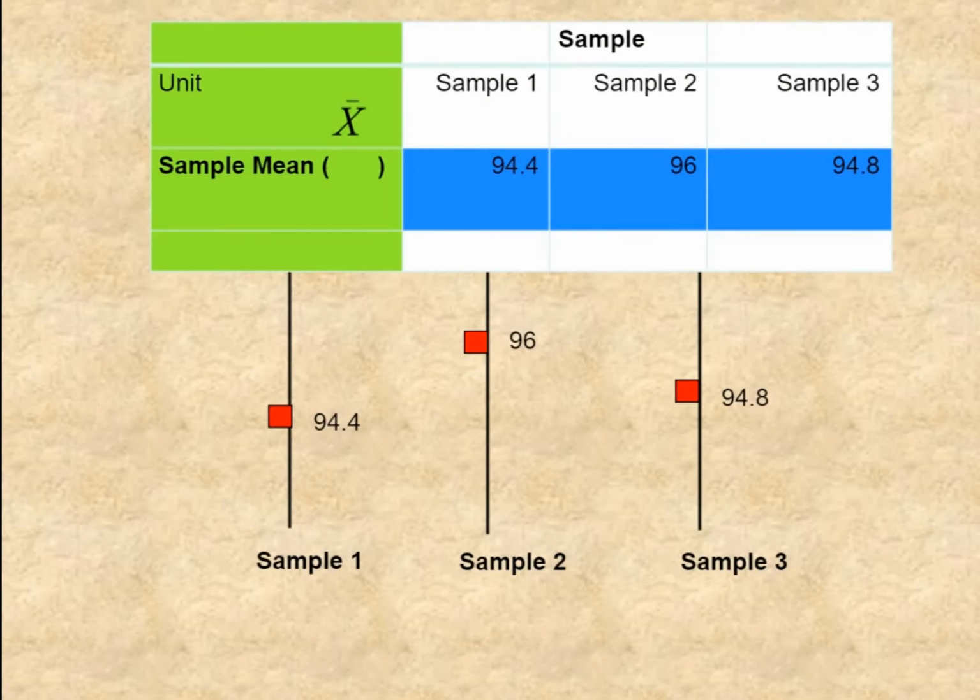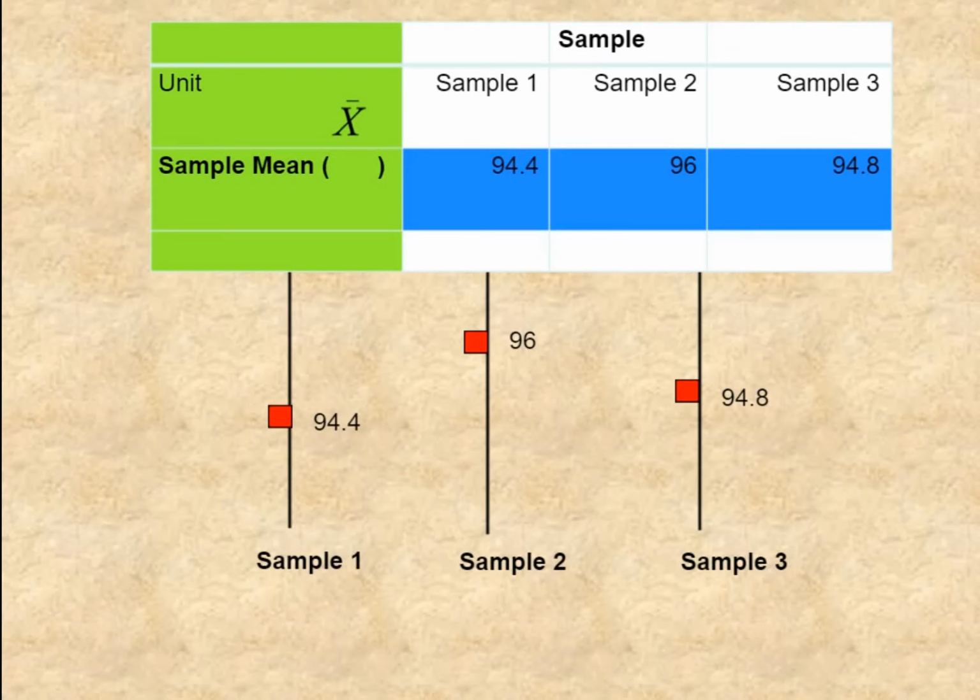Recall that in our example, we have 3 samples: sample 1, sample 2, sample 3, with the sample means 94.4, 96, and 94.8. That's the sample mean, okay? Our 3 samples in our example. So we can draw 3 axes.